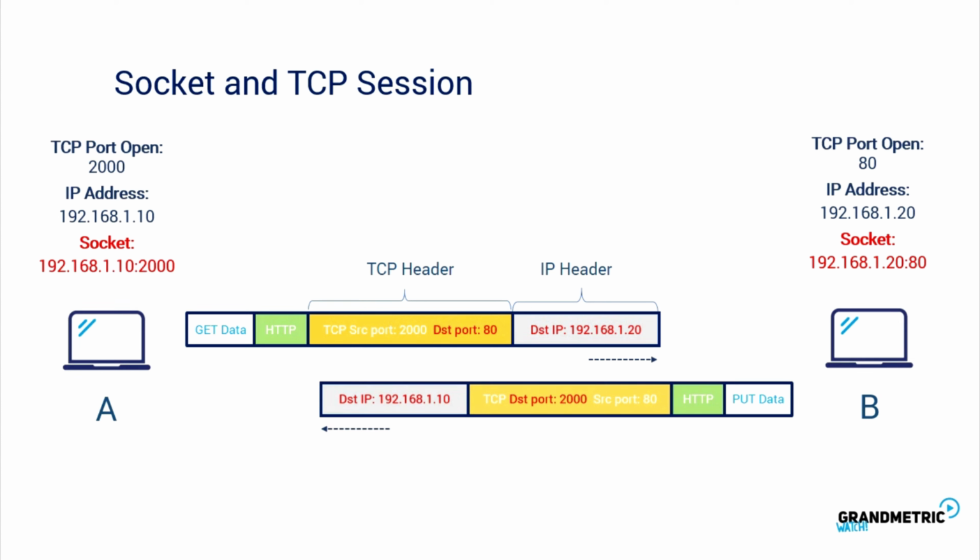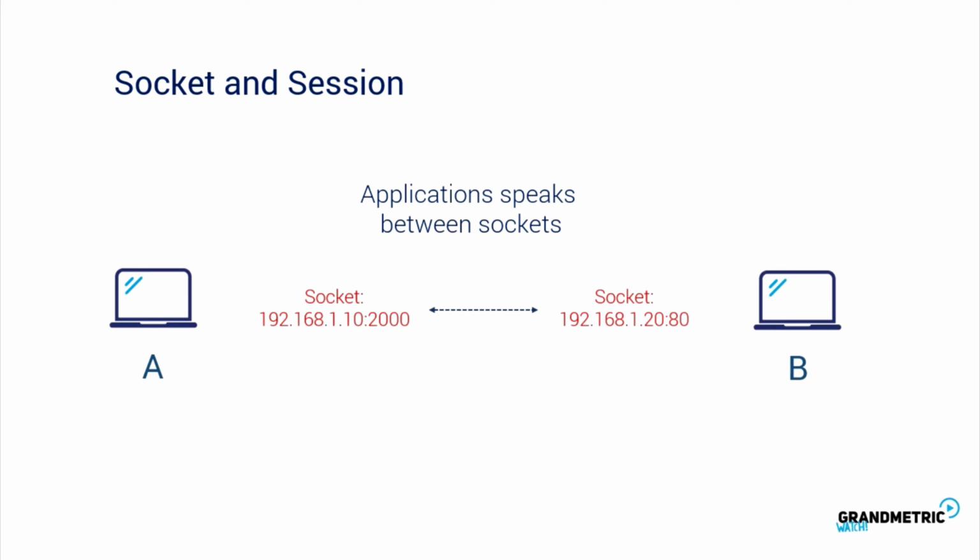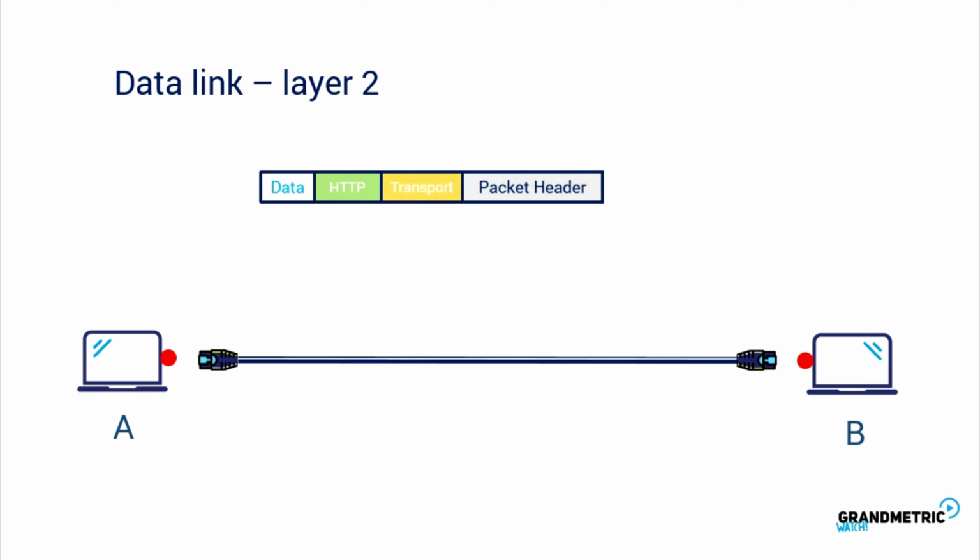You can see on the picture the socket of 192.168.110.2000 on host A and 192.168.120.AT on host B. These two sockets describe a complete TCP/IP connection. After having the TCP segment or UDP datagram encapsulated with an IP packet, the computer needs to send this information out of a particular interface. If this is an Ethernet interface, the network interface card is used to encapsulate the IP packet with a frame to forward it.